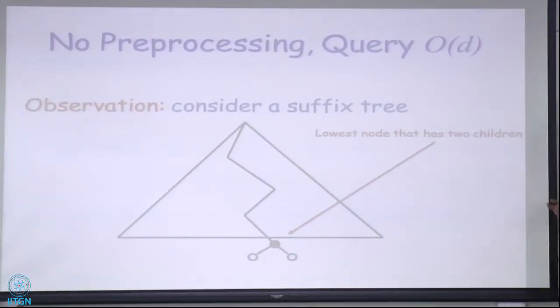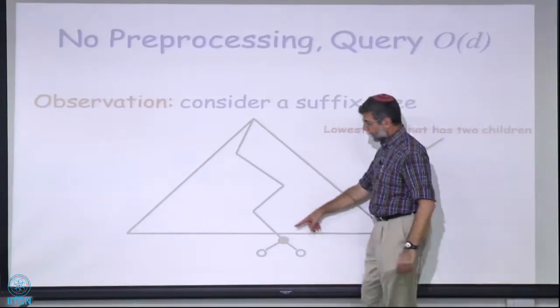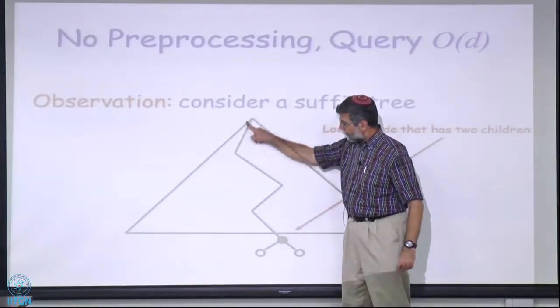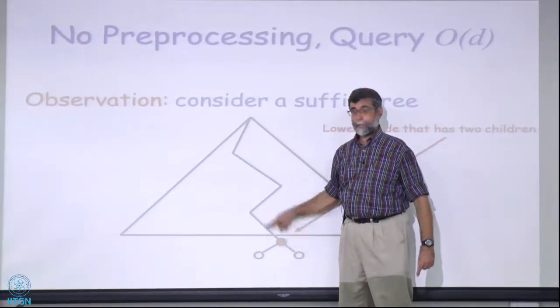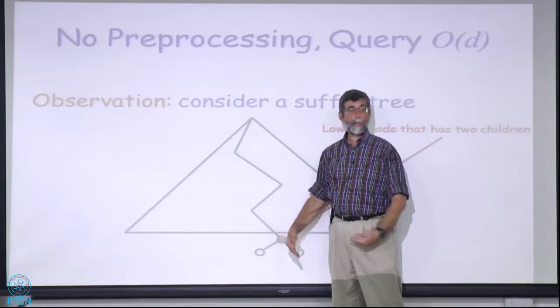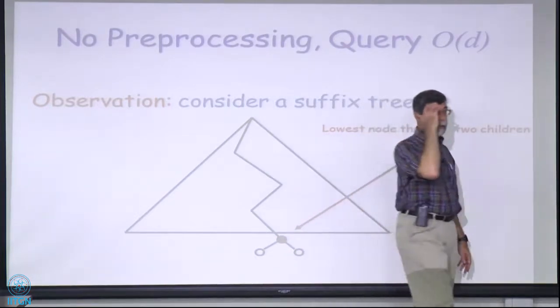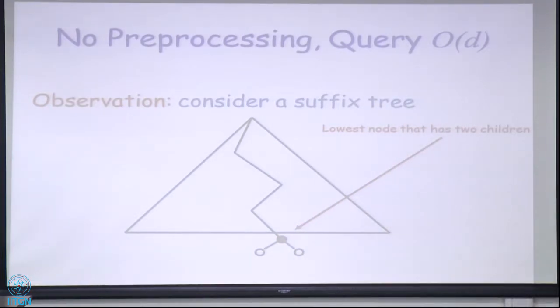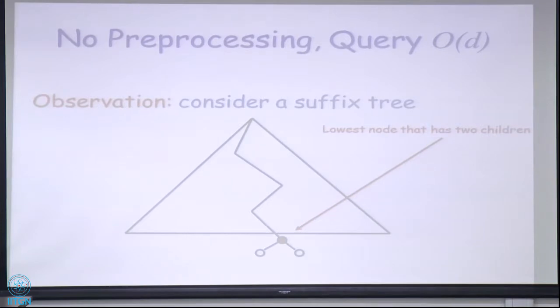And why is that? Because that means that the LCP of these nodes is the entire path, right? And if the entire path is the LCP of these two nodes, and that's the lowest node that has two children, then that's the longest LCP. So that's trivial, or elementary, dear Watson.